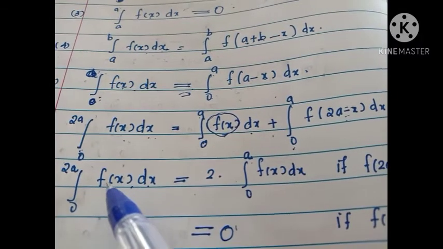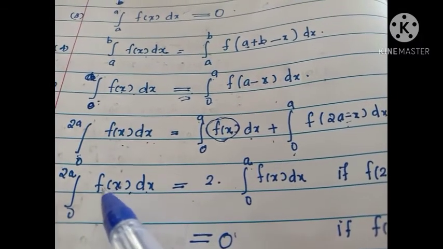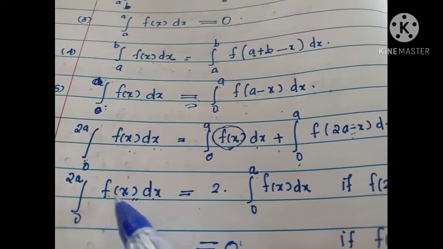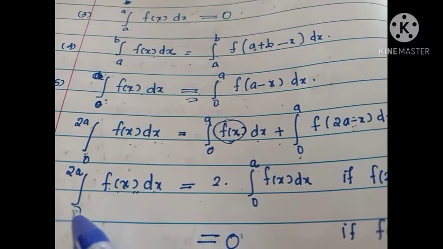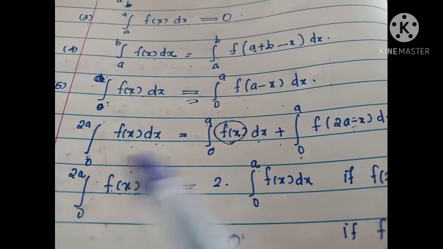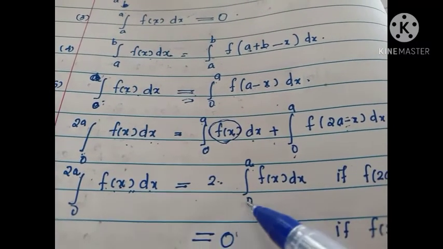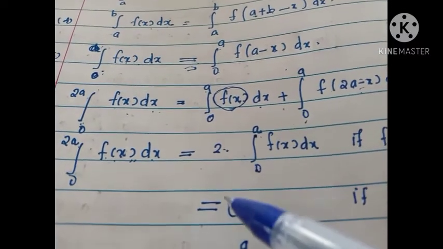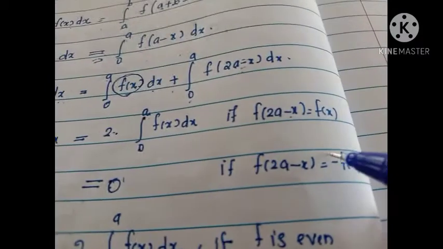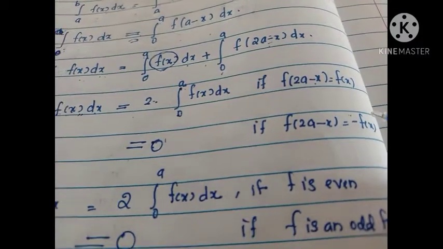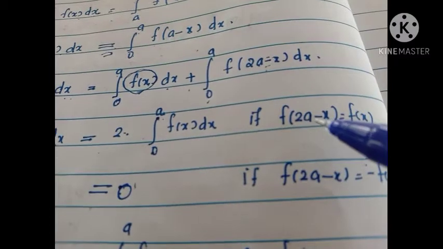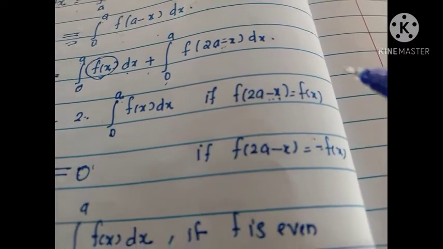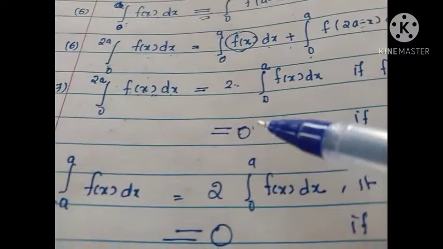That means if we put f of x in place of f of 2a minus x and get the same answer, then we can change this integral from 0 to 2a into 2 times integral from 0 to a. Otherwise, it is equal to 0. Otherwise means if f of 2a minus x gives minus f of x, then the integral value becomes 0.